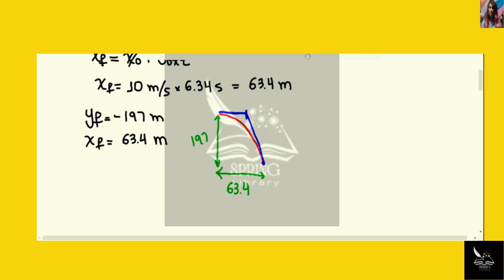Since the hawk has a speed of 10 meters per second, this is equal to 20 meters. So the straight line of the descent of the hawk has 197 meters in the y direction and only 43.4 meters in the x direction.